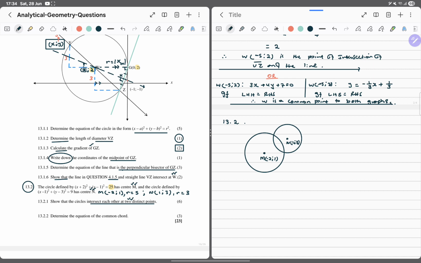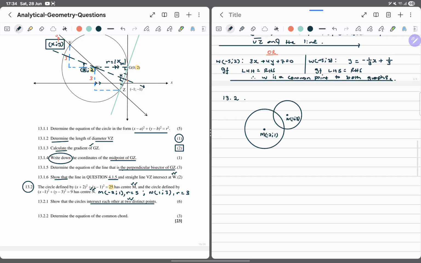But now, how do we demonstrate that these two intersect at 2 distinct points? It's very easy, because all we need to do is to calculate the distance between the centers. We've got a radius there, and we have a radius there too.